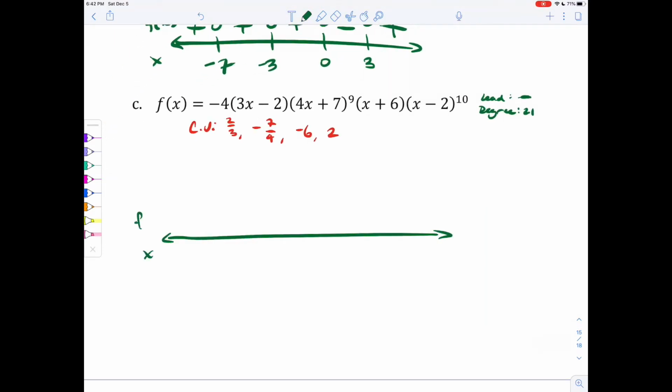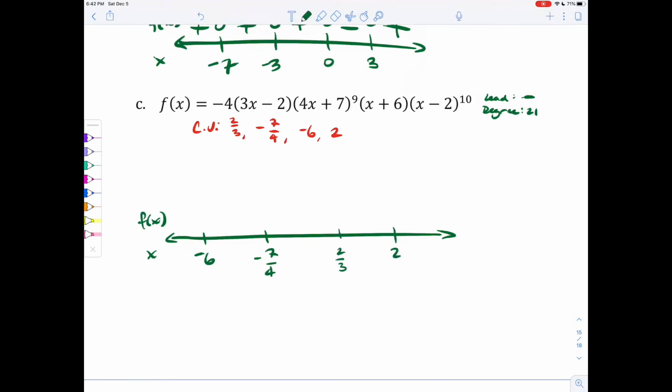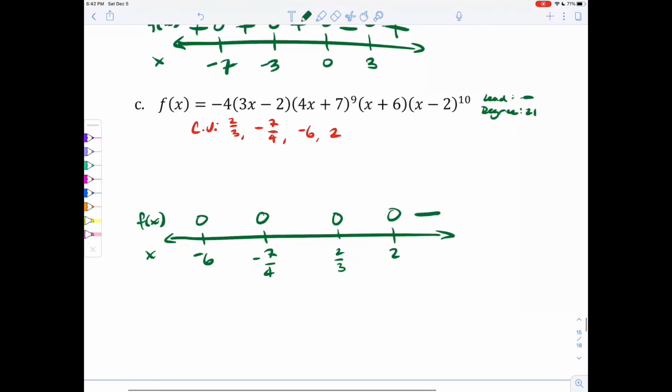X and f of x. So from least to greatest, -6, -7/4, 2/3, and 2. And f of x is 0 at each one of those. Negative lead means I'm finishing negative. Odd degree means that they are opposite at either end.